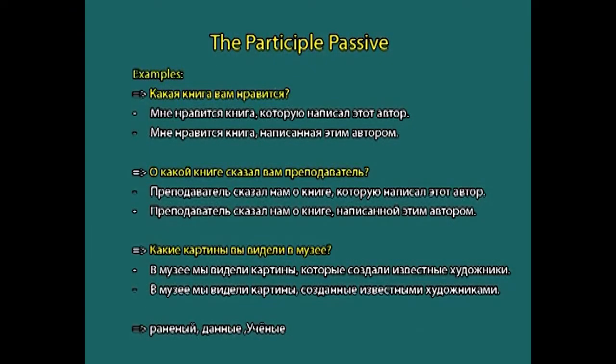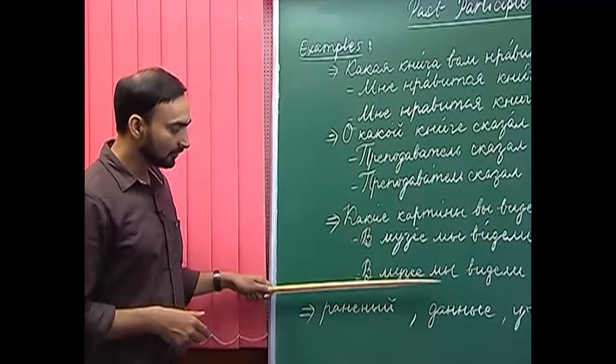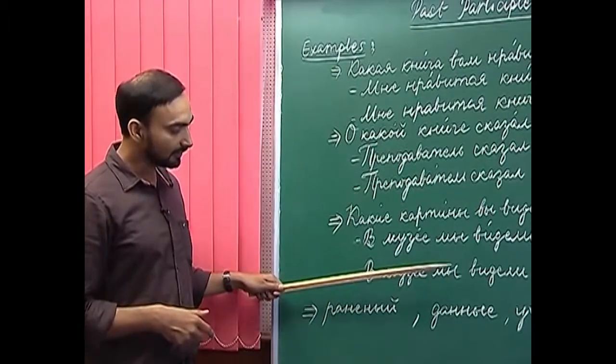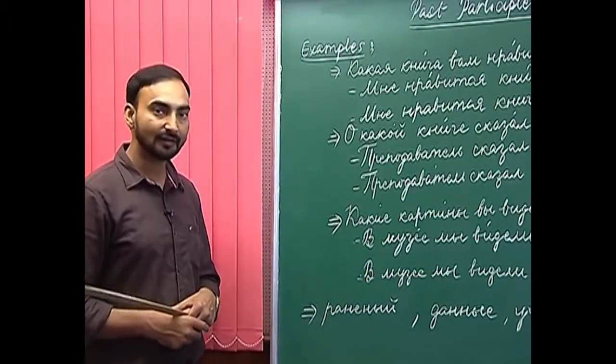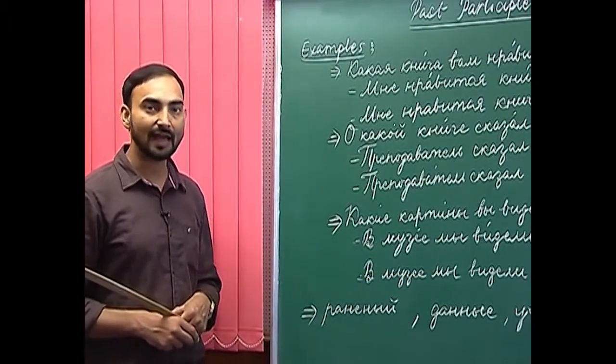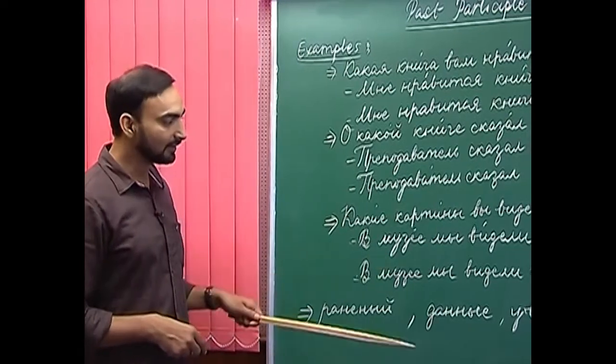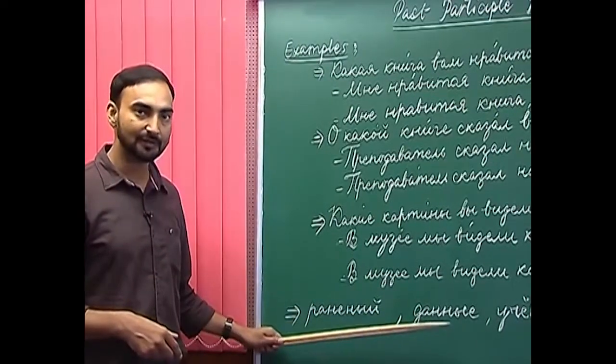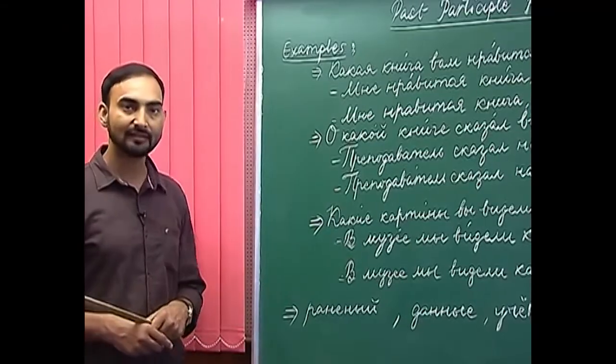So, that is why созданные will also be in the accusative case, plural number. So, this was some of the examples where we saw the use of past participle passive in Russian. Like we have also discussed that there are some active participles which are used as nouns. Similarly, there are some passive participles too which are used as nouns.